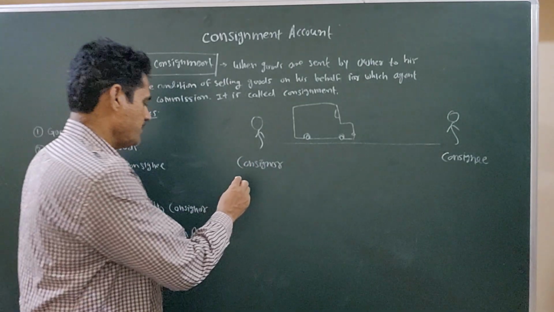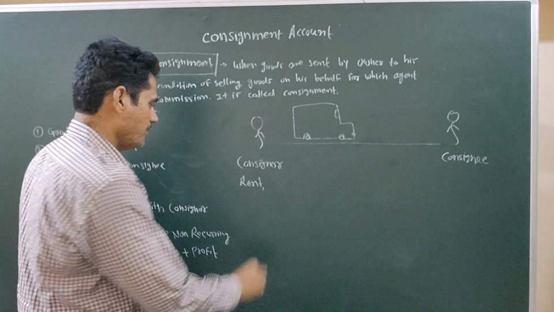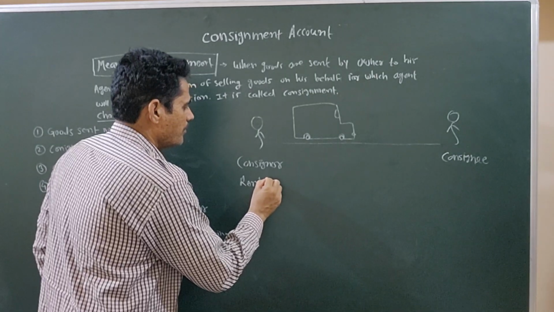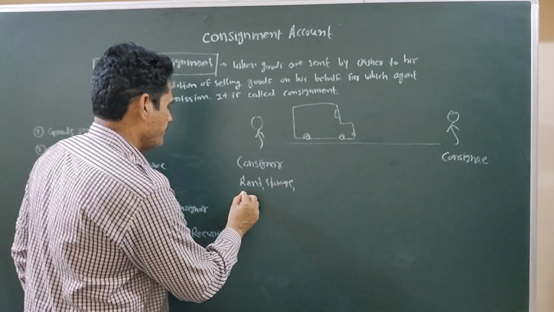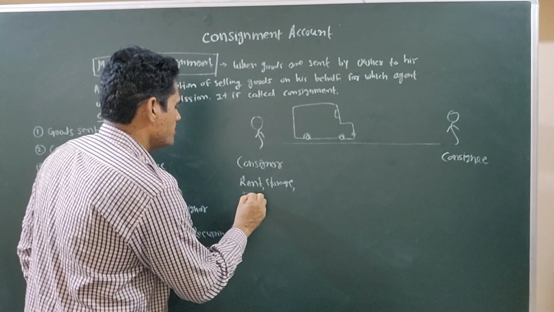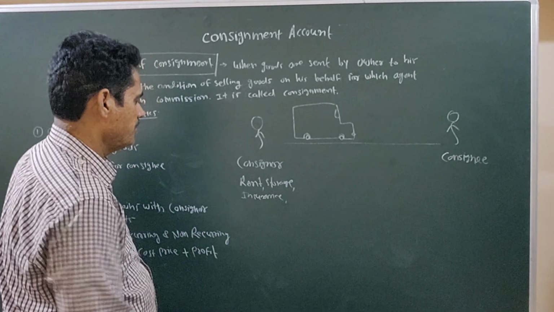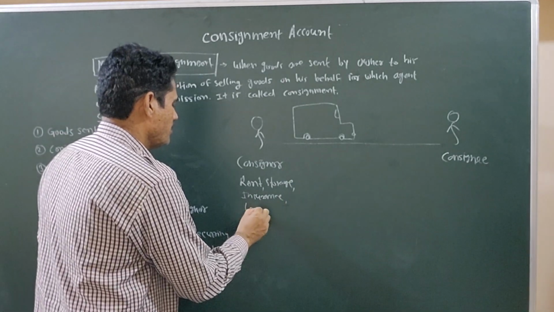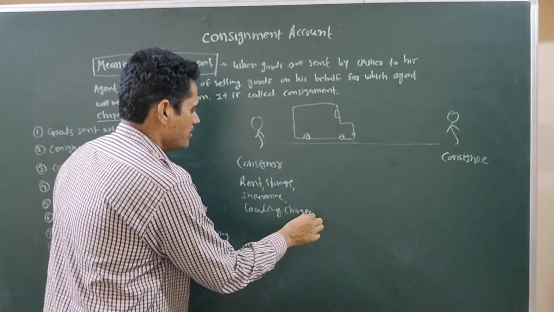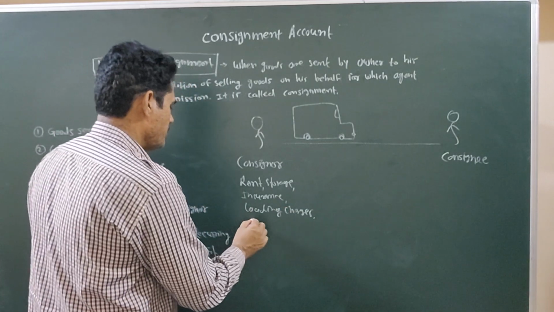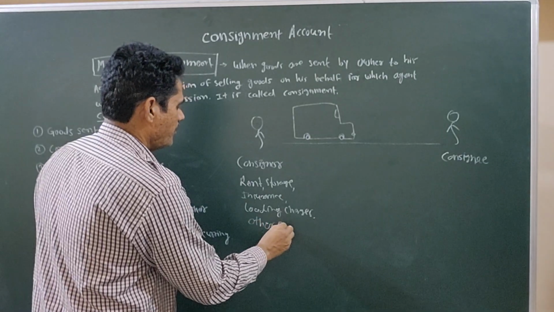Which type of expenses? Rent, then storage, then insurance, next loading charges, next other expenses.